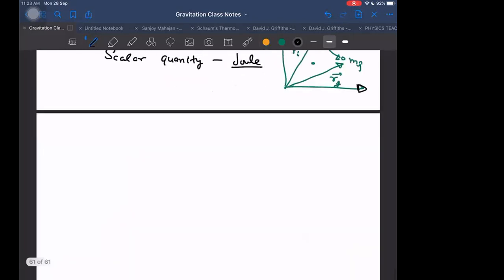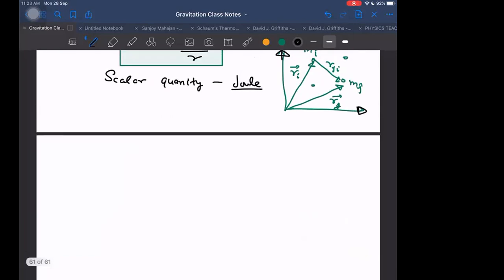Now, let us take what happens for the n particle system. For an n particle system, the net potential energy U will become sigma U of i and j.